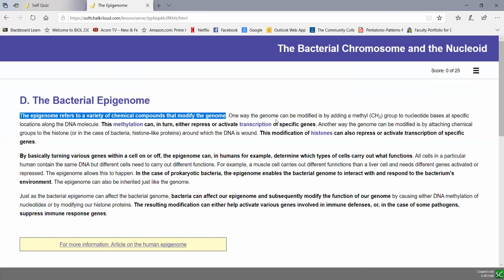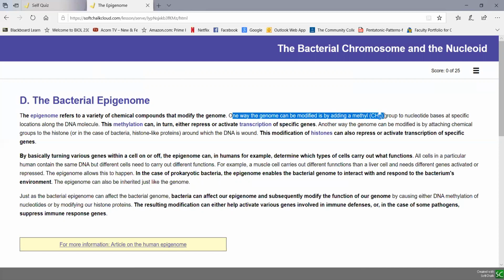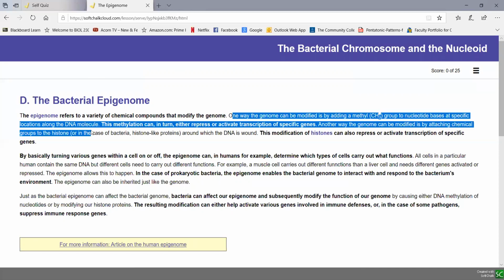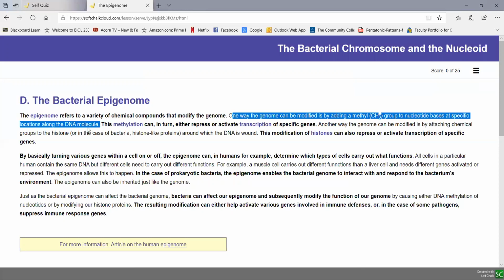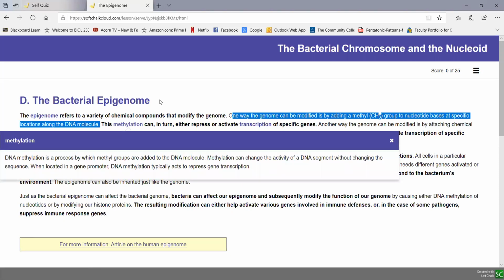One way a genome, and remember a genome is the sum of an organism's genetic material, can be modified is by adding a methyl or CH3 group to nucleotide bases at specific locations along that DNA molecule. When that methyl group is added, we call that methylation.